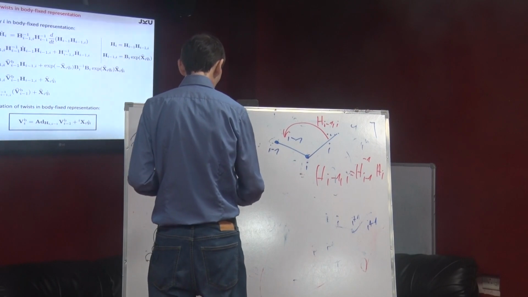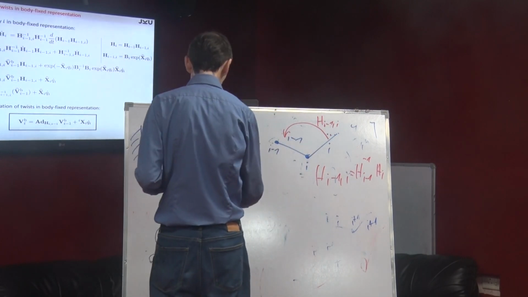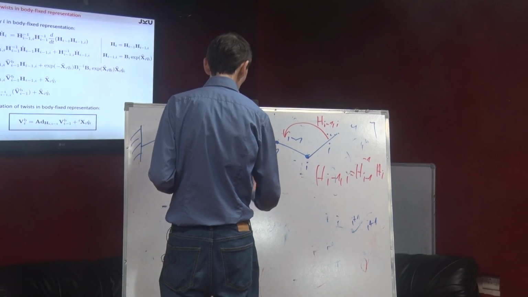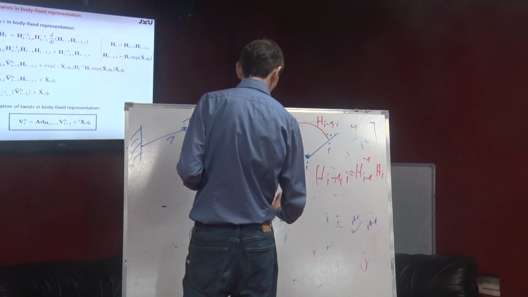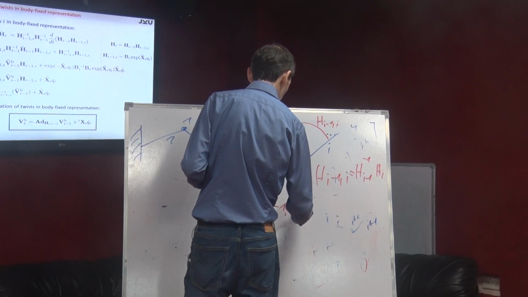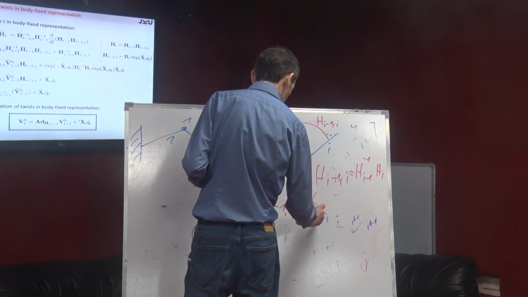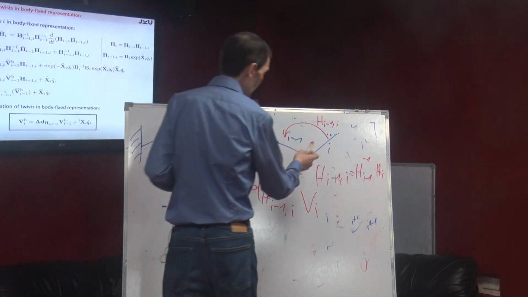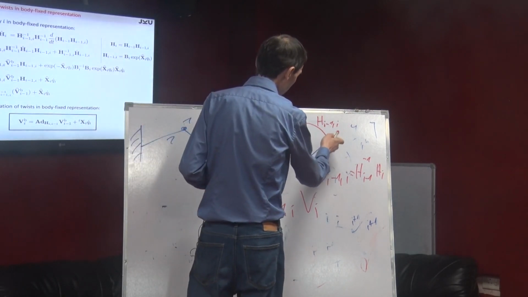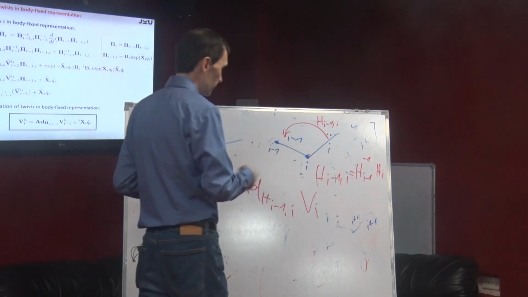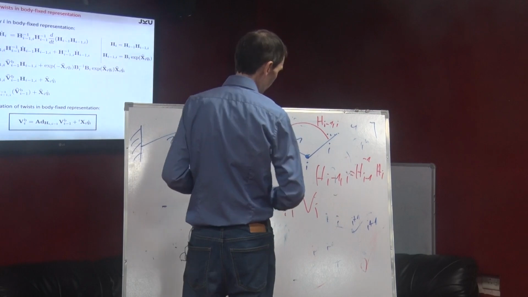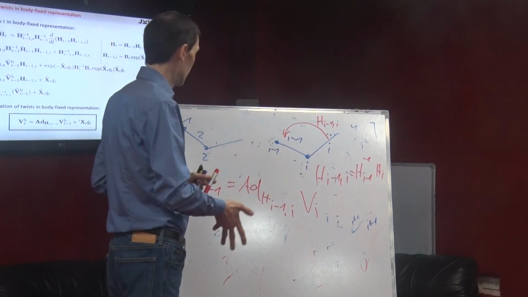If I have the twist in I, then I get the twist in I minus 1 by taking the adjoint of H I minus 1 I times V I, exactly, right? So H I minus 1 I is doing the frame transformations, and the adjoint of H I minus 1 I is doing the twist transformations.